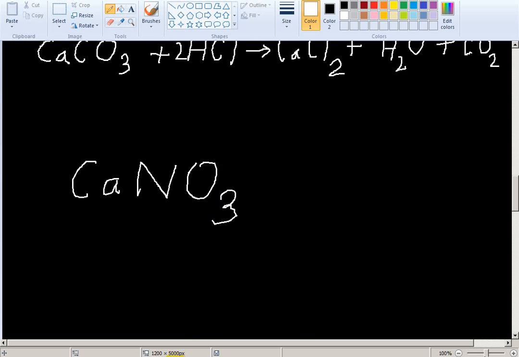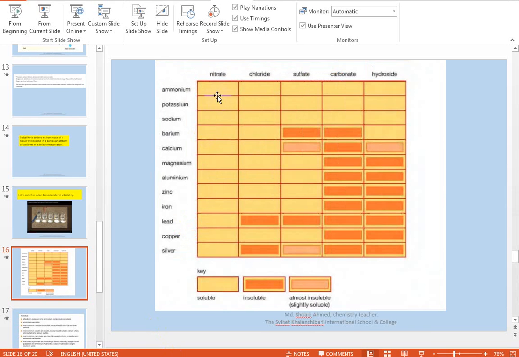Because all nitrate salts are soluble. Have you seen? All nitrate salts are soluble. Okay, there is ammonium salt. All ammonium salts are soluble. All potassium salts are soluble. All sodium salts are soluble.